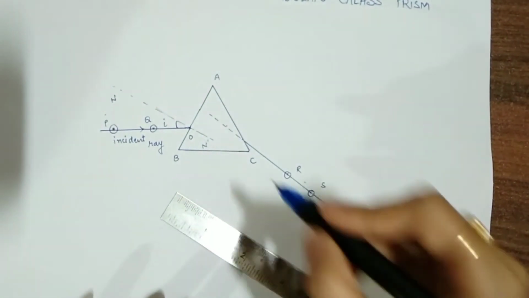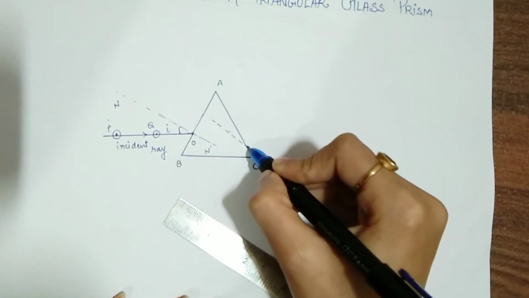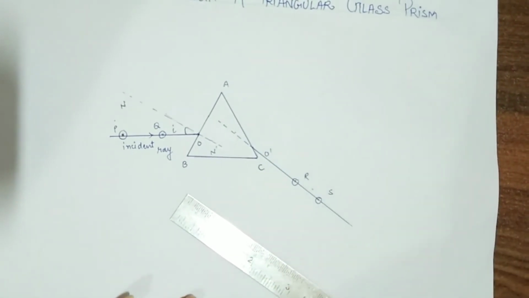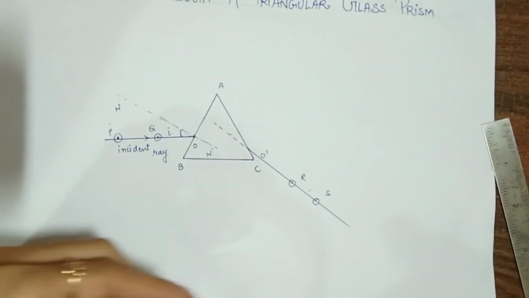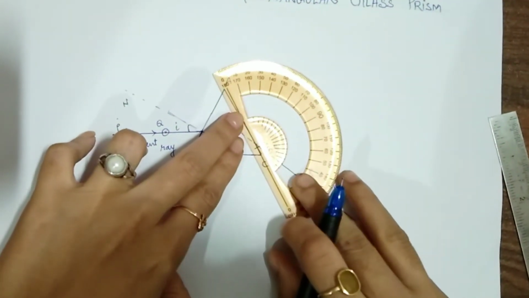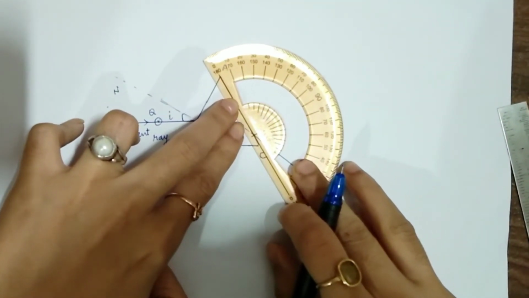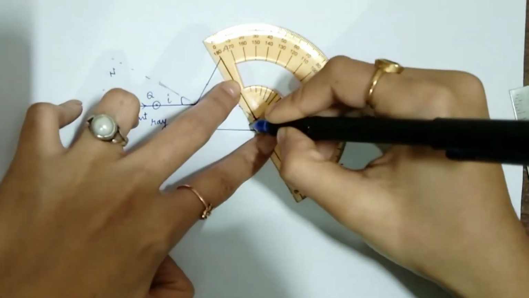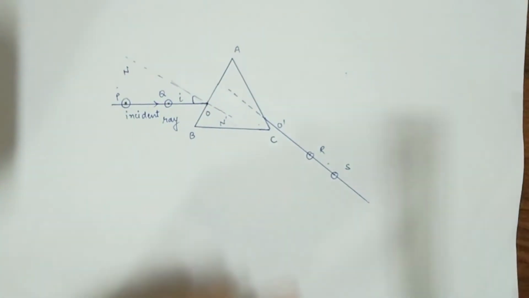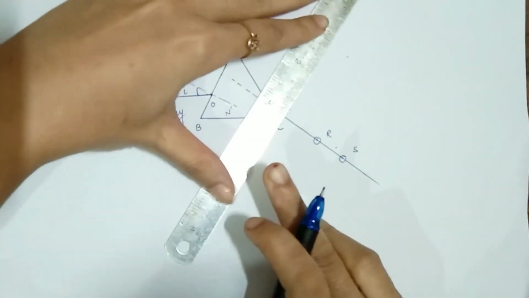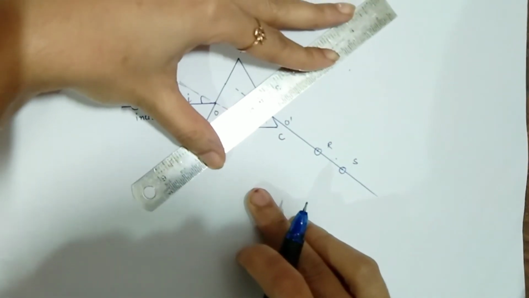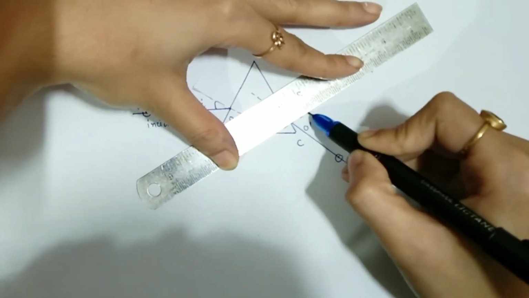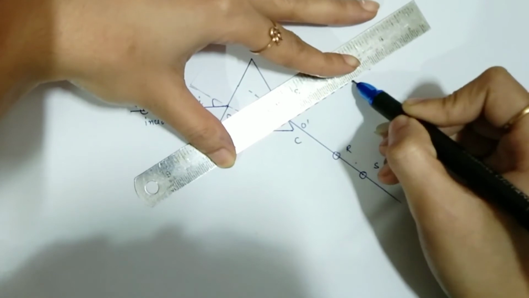Now at this point I will say this point is O dash, and now at this point we will draw a normal. With the help of a ruler we will draw a line, and this line will be drawn dotted.